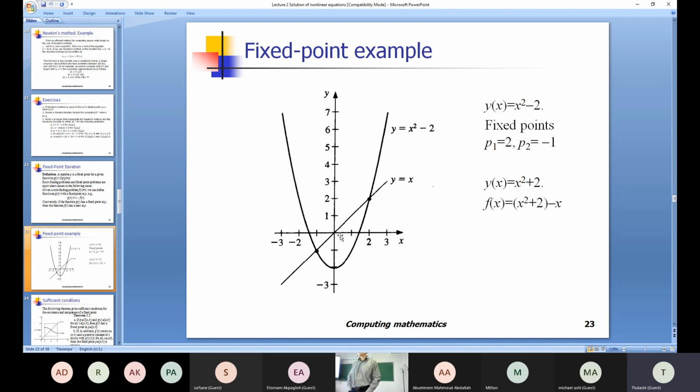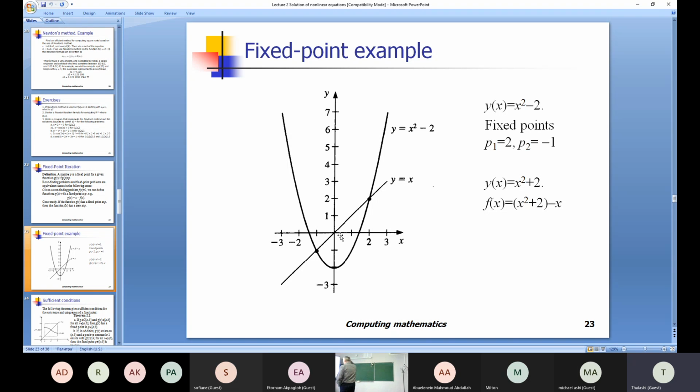Where is your pen and paper? Draw the graph of the function, and after that, you can answer the question: where are the fixed points of the function x squared plus 2?